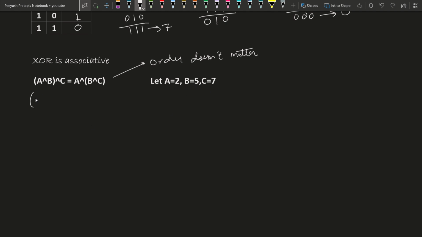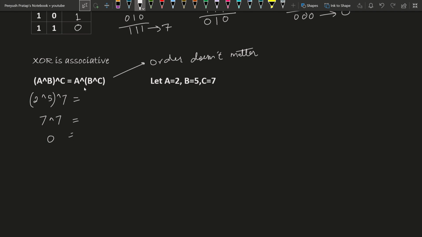So here 2 XOR 5, and then XOR 7. I am first solving the left hand side. As we have seen, 2 XOR 5 or 5 XOR 2 will be 7, and 7 XOR 7, something XOR with itself, is 0.